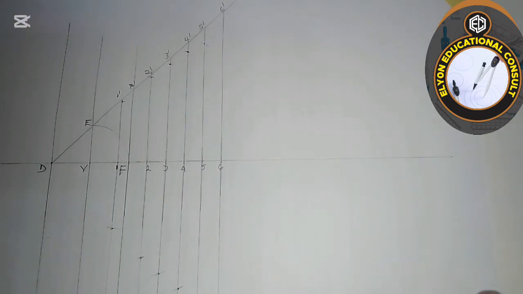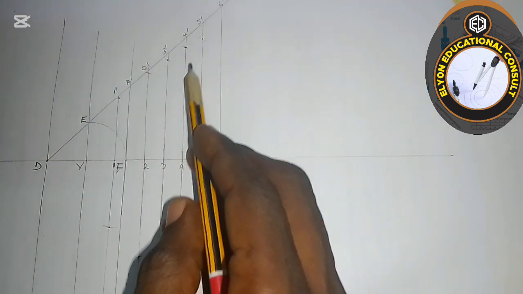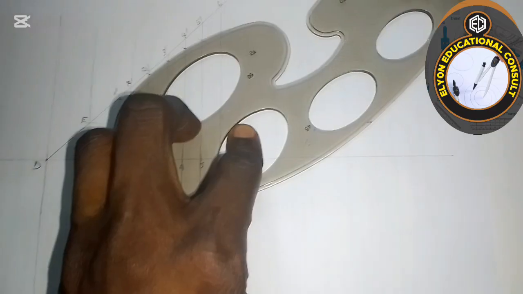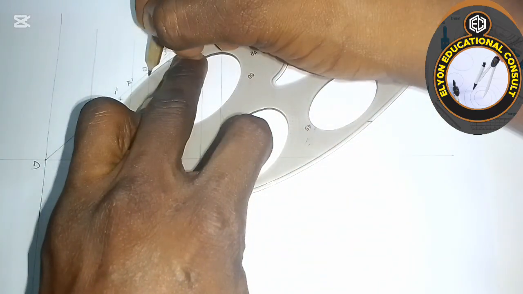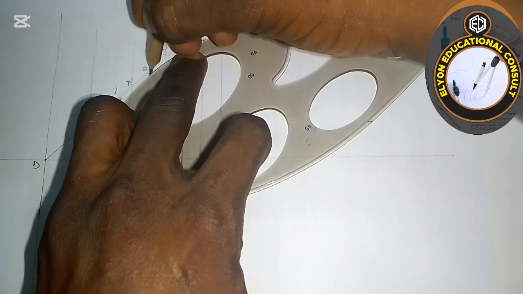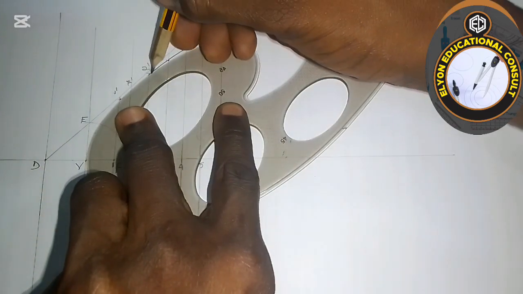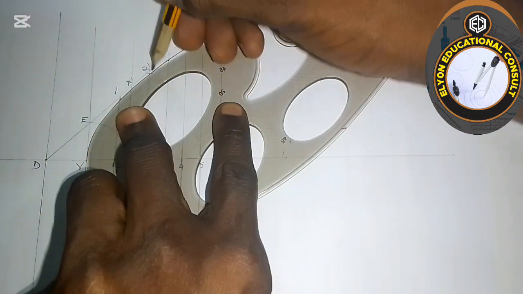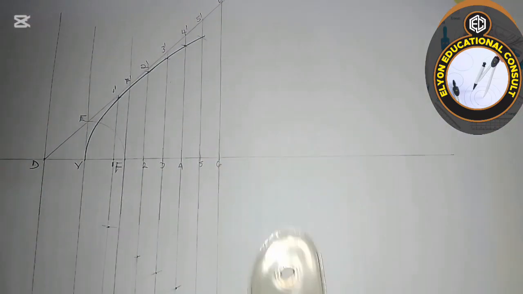So with this now, I'll just take my curve, my French curve, and I will smoothly join the points together. I will join this part now this way, and you take it out this way. The next point, join this, take it out like that.